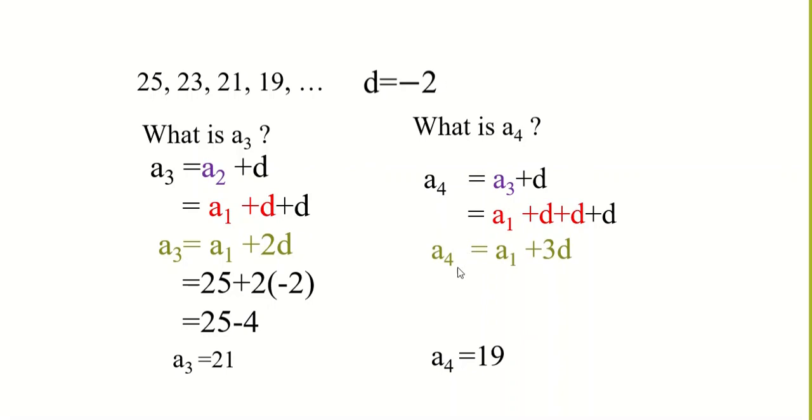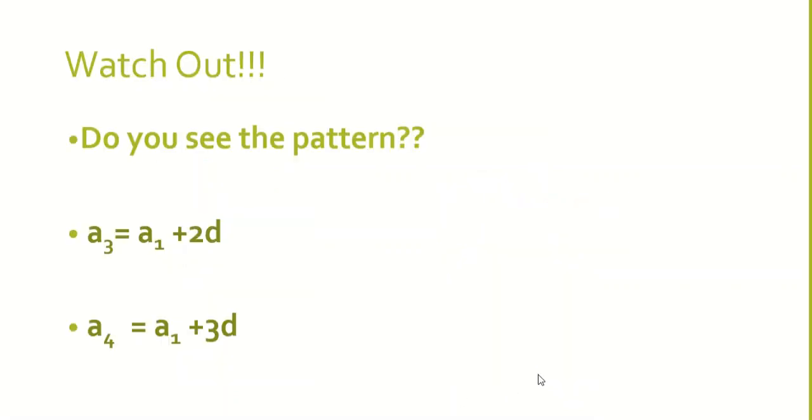Then a sub 4 is equal to a sub 1, then add 3d. So a sub 4 is equal to a sub 1 plus 3d. And by substitution, your a sub 1 is 25 plus 3 times the common difference, negative 2. Therefore, a sub 4 is equal to 19.